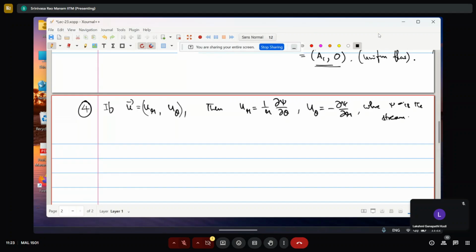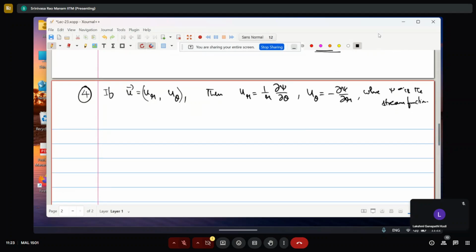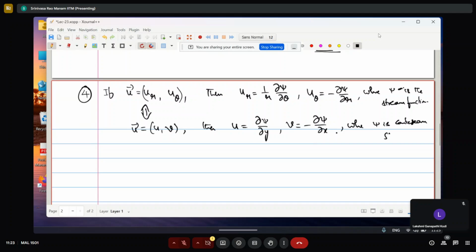This stream function is unique in 2 dimensions. Stream function and streamlines, you be careful, they are different. Equivalently, if U and V are given in Cartesian coordinates, then U equal to dou psi by dou y, and V equal to minus dou psi by dou x, where psi is the Cartesian stream function.